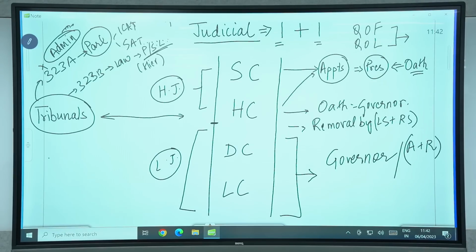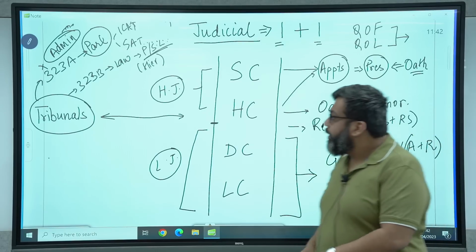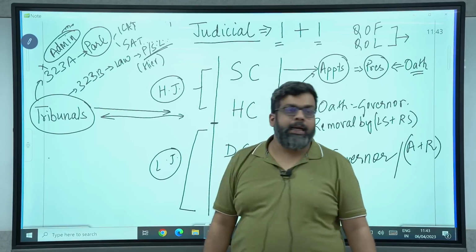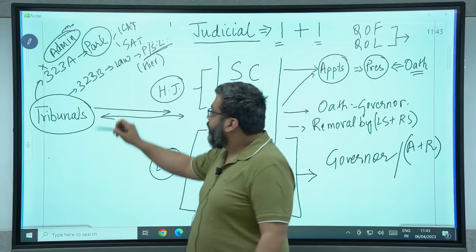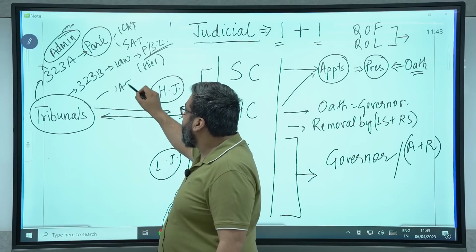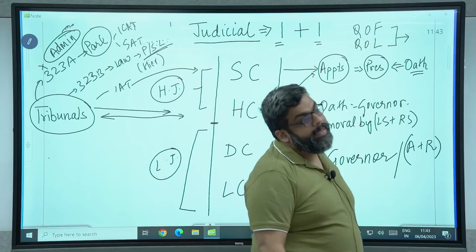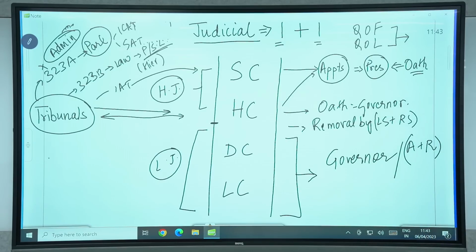If there is no appellate tribunal, then cases on appeal from the tribunal will come to the High Court. If there is an appellate tribunal, from here to the appellate tribunal and then the Supreme Court, depending on the tribunal.